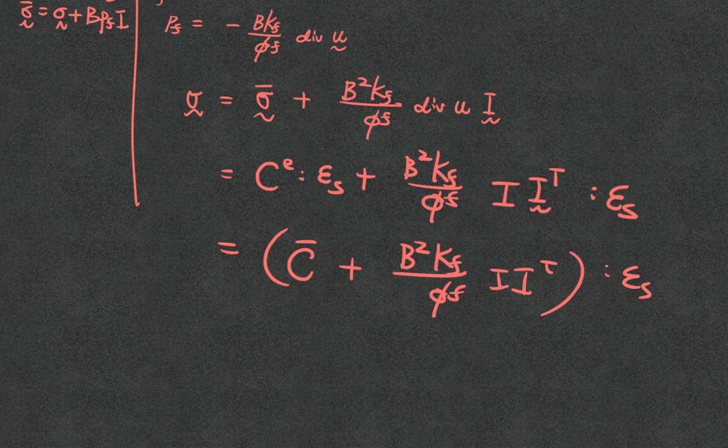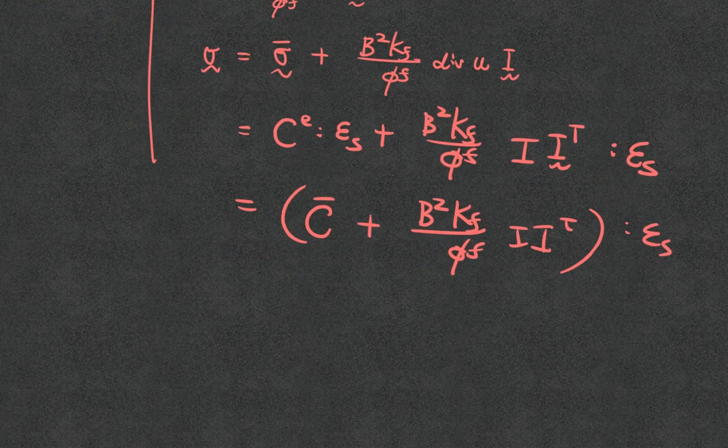So this looks just like a penalty term, right? If you add a Lagrange multiplier, if you want to introduce the incompressible constraint, then K_f just needs to be a very large number, right? Okay, so far so good.